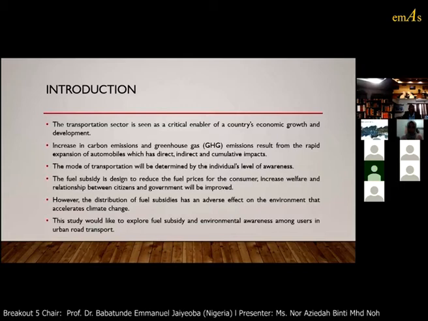Therefore, consumers who have high environmental awareness are necessary to mitigate this adverse impact of the fuel subsidy. Thus, this study would like to explore fuel subsidy and environmental awareness among consumers in urban road transport.